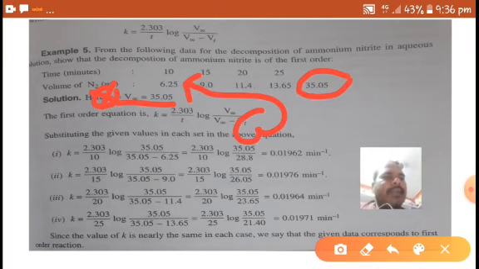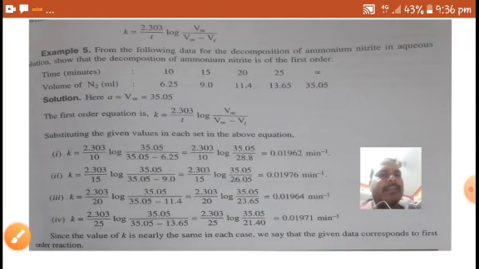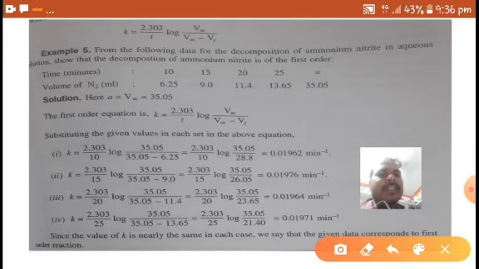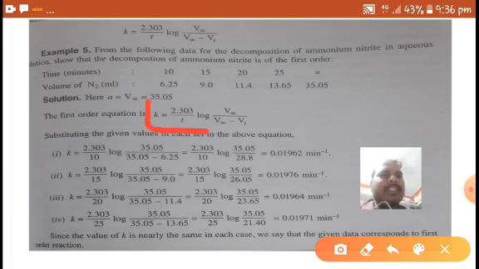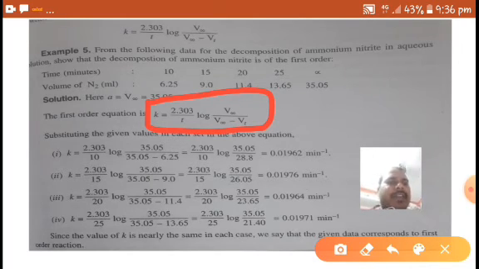At time 10 minutes, the Vt is 6.25. At 15 minutes, the Vt is 9.0. At 20 minutes, the Vt is 11.4. At 25 minutes, the Vt is 13.65. So the equation is K is equal to 2.303 by t log V infinity by V infinity minus Vt.